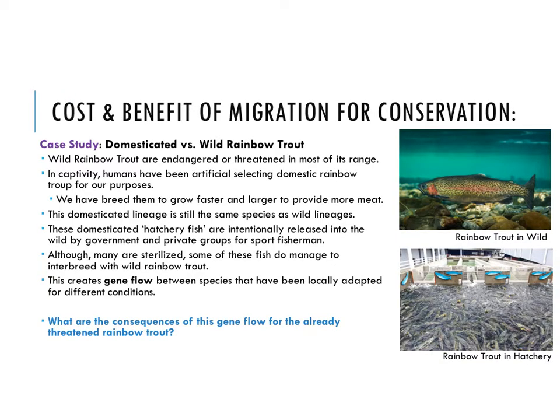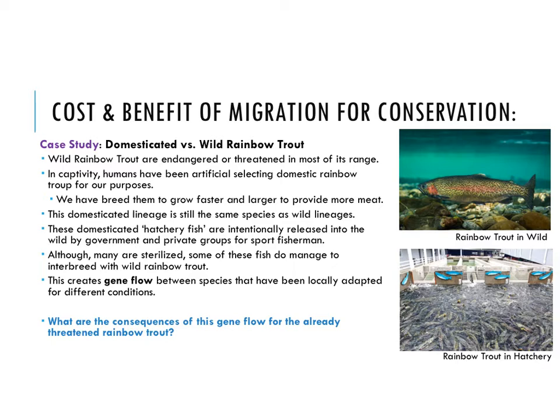All right, the case study we're going to focus on is domesticated versus wild rainbow trout. But this is really an example of a wider problem. We domesticate critters for a lot of reasons, and we help them by artificial selection adapt to our needs and to the environment that we create for them.